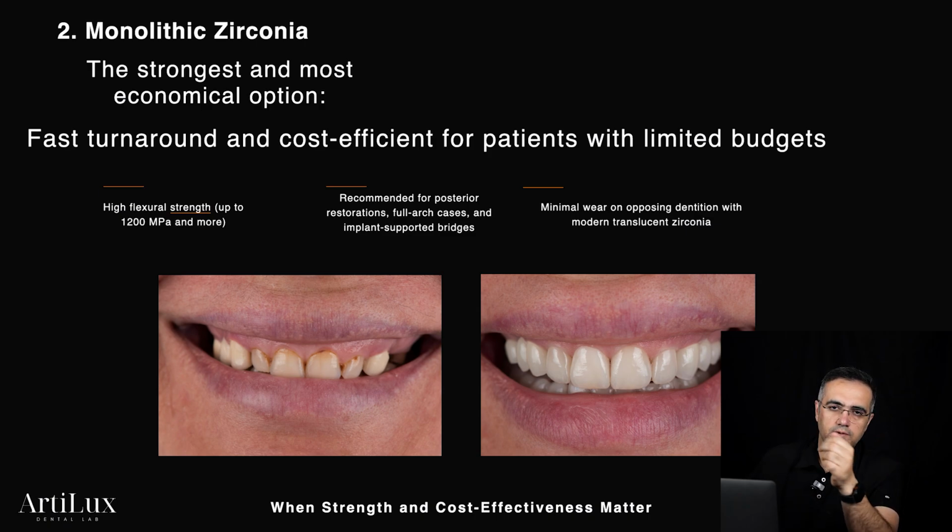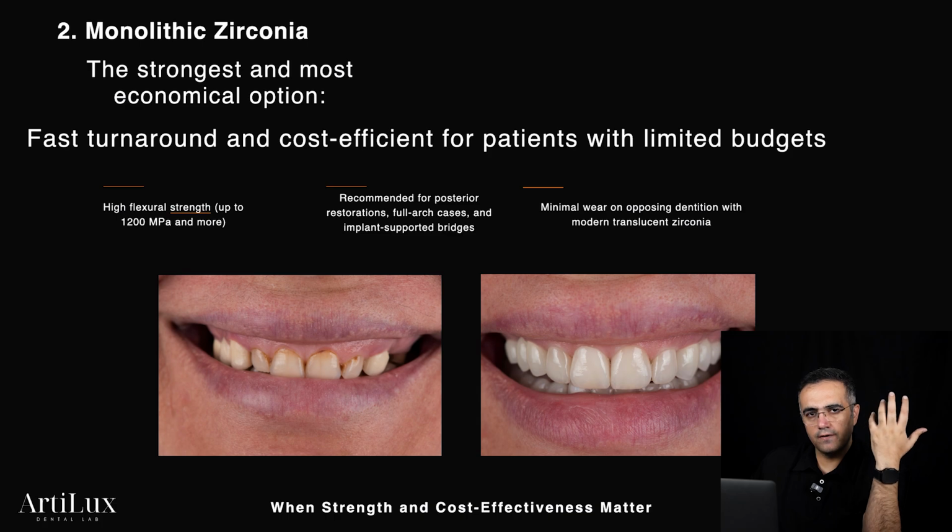Even if you are doing a full mouth rehabilitation, it will be very difficult. So if you are using monolithic zirconia, it is better to use a high transparent one, like 50% transparency in the incisal area or more, so you can use it as a monolithic restoration for the anterior region.